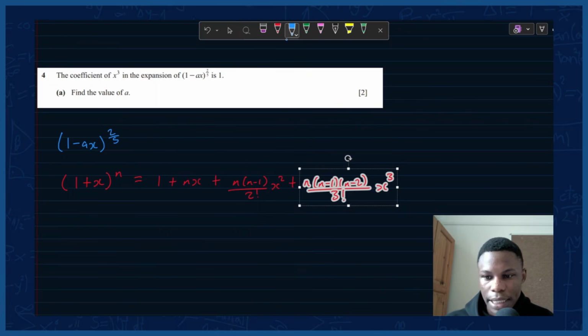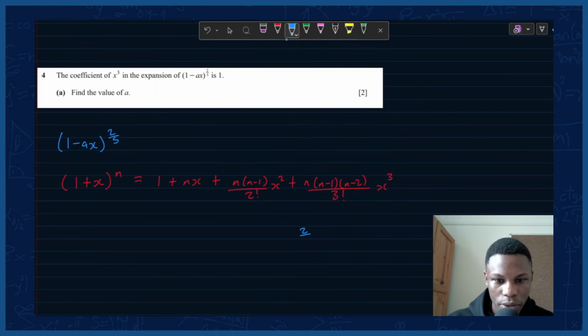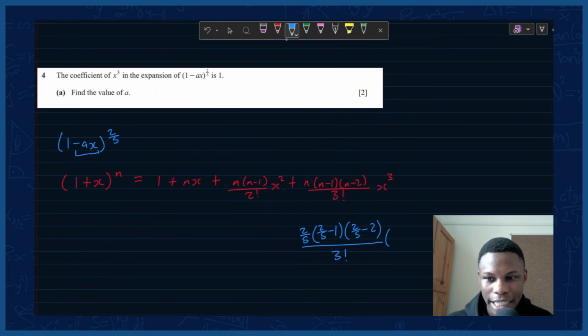So what we're saying is I've got n times n minus 1 times n minus 2. My n is 2 over 5, and then n minus 1 becomes 2 over 5 minus 1, times 2 over 5 minus 2, divided by the 3 factorial, times x. We said our x is this whole thing because what we're expanding has to be of the form 1 plus x. So this is 1 plus negative ax.